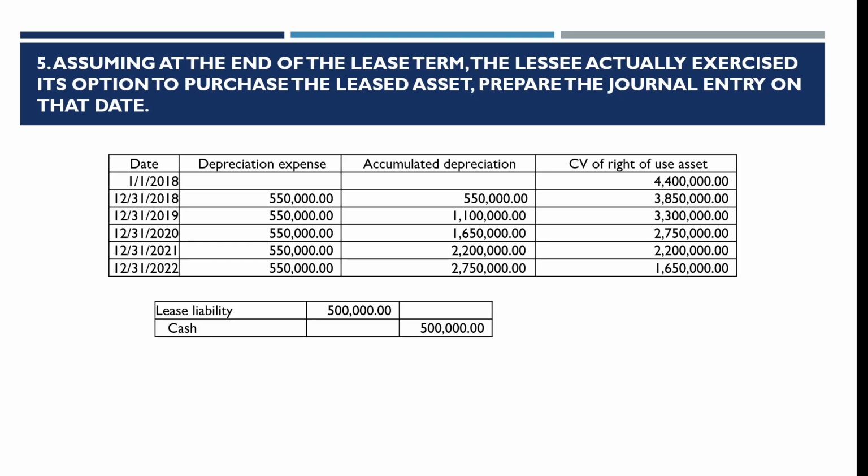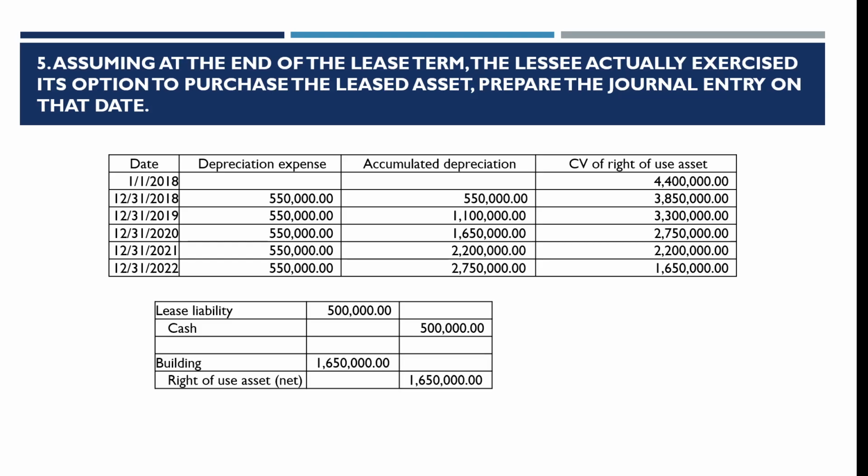Then, followed by the entry after this, first entry is debit, building, credit, right of use asset. So, nagkaroon tayo ng reclassification entry. Bakit kailangan natin i-reclassify? Kasi, nung nasa lease term pa lang tayo, may right lang tayo sa paggamit ng lease asset, pero hindi pa talaga sa atin. Ngayon, atin na yan. Kaya, ililipat na natin siya sa ibang asset account.